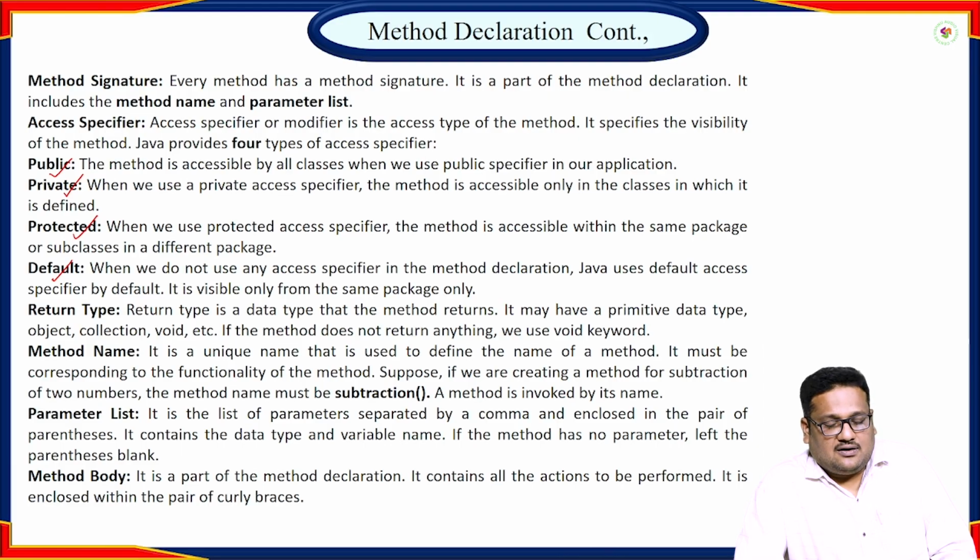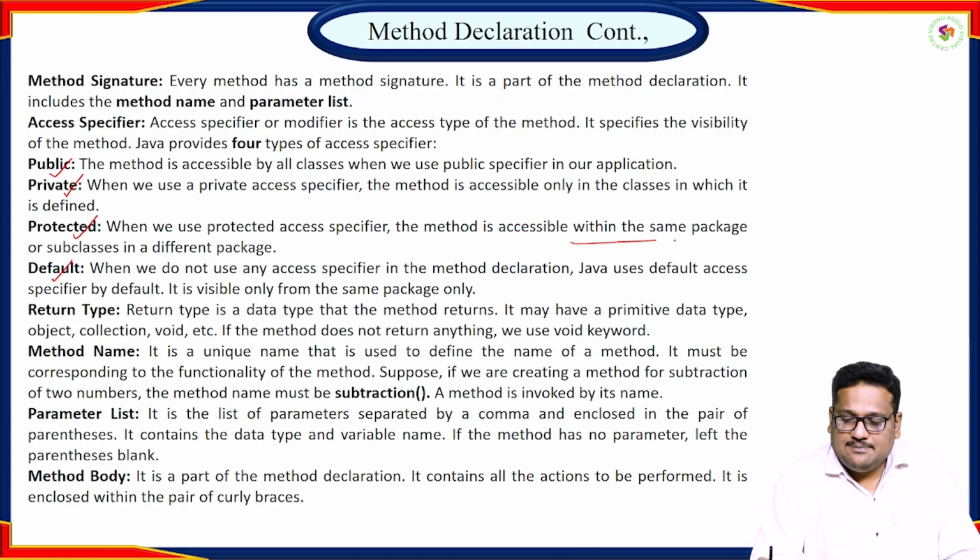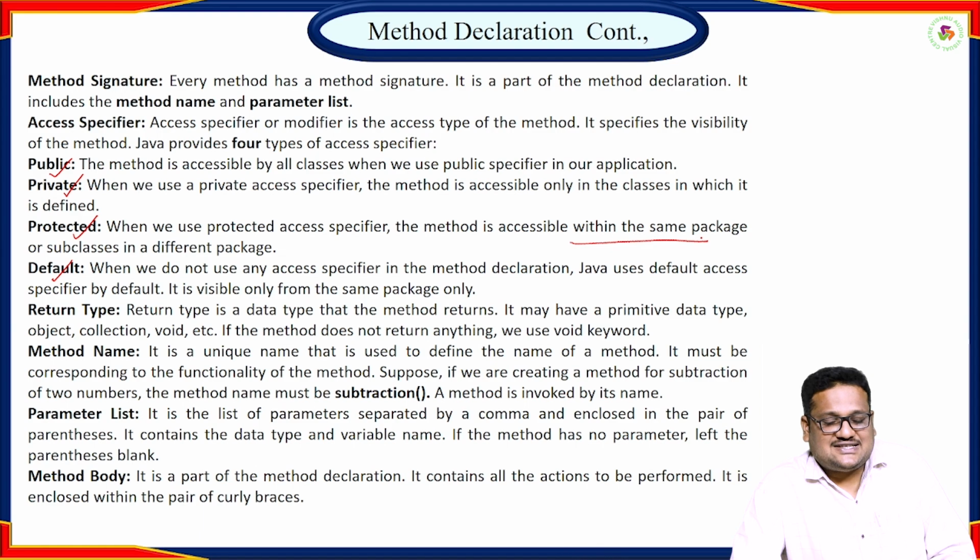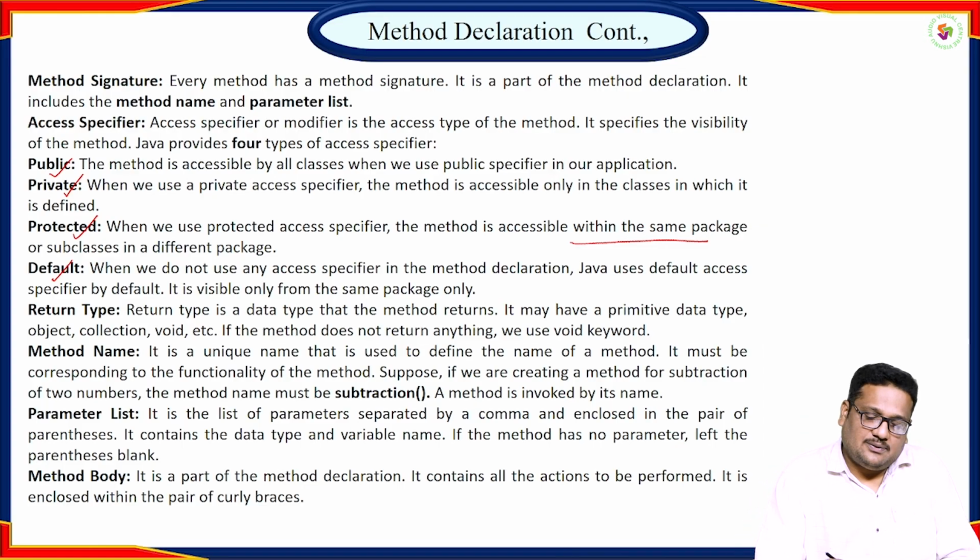When the method is declared with a protected access specifier, it is accessible within the same package or subclasses in a different package. When we don't use any access specifier in front of a method, that is called the default access specifier, and it is visible only from the same package.